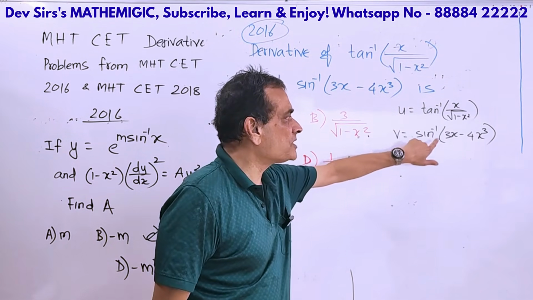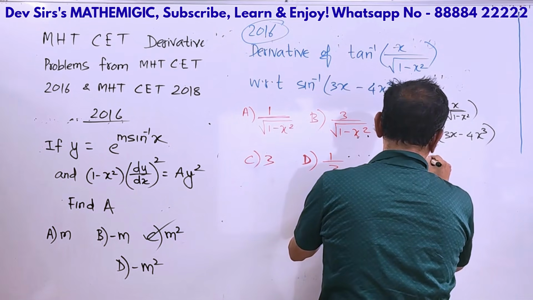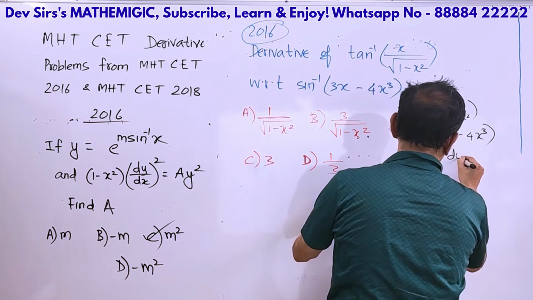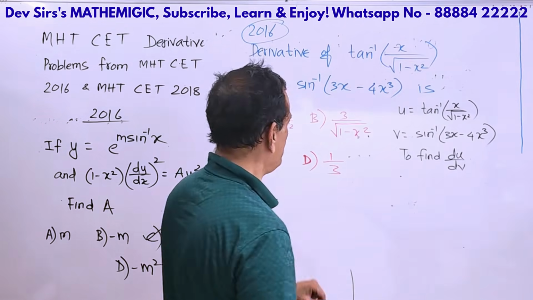Differentiate this function with respect to this means you have to find du by dv. That's all. What is the value of du by dv?